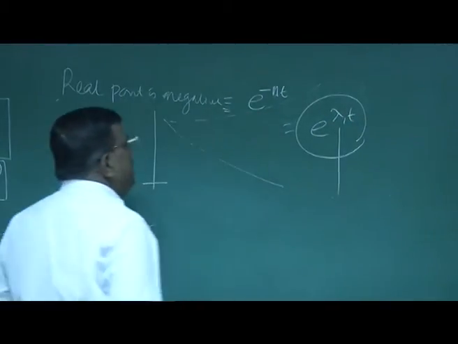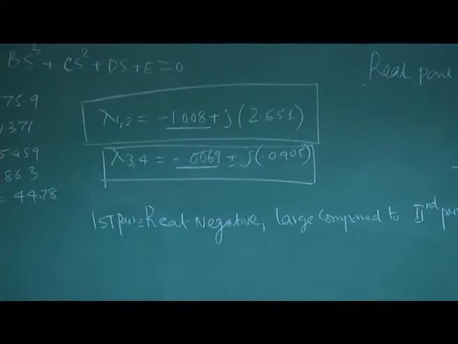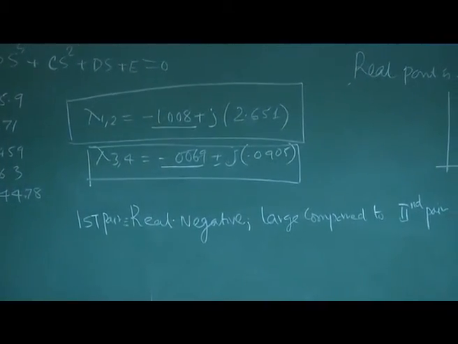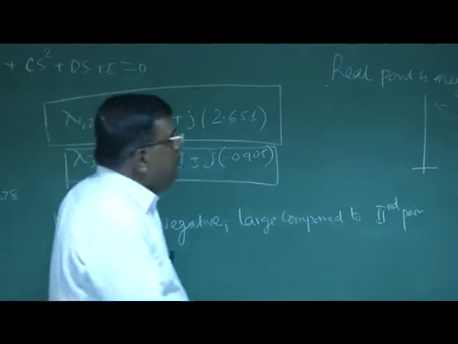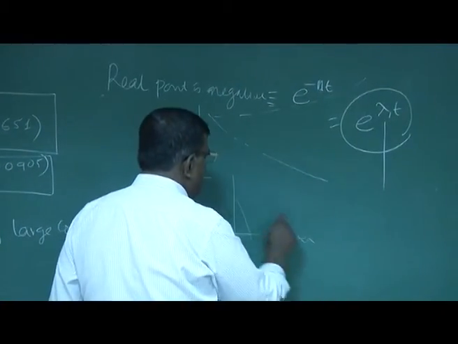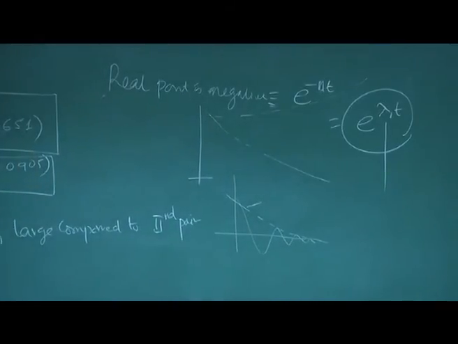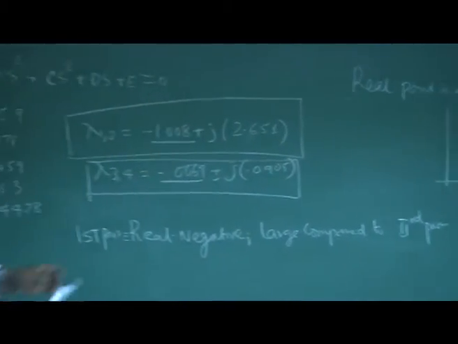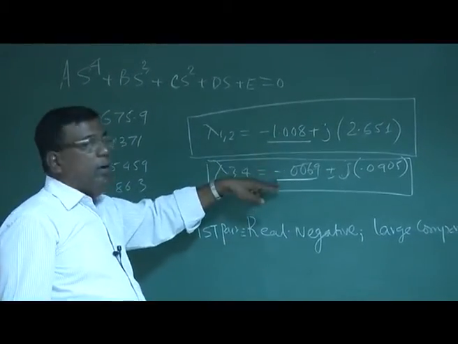If lambda 1 is negative, the real part is negative, which is here. Both are negative, that means both are trying to cut down the amplitude, and it is oscillatory also. So, the response will typically look like this. The envelope will be governed by the real negative root, and wherever this root is large negative, they will decay fast compared to the slower one here.